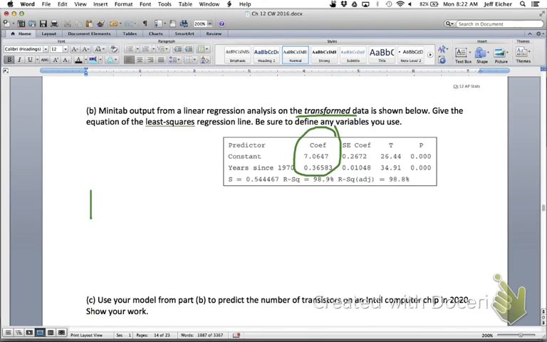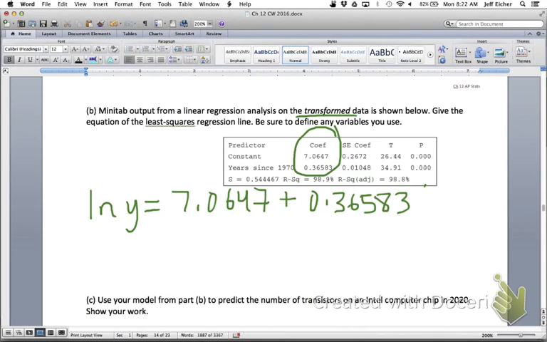We would have ln y as our axis on the scatter plot equals our constant 7.0647 plus our slope 0.36583 times our explanatory variable, which we did not transform, which is years.